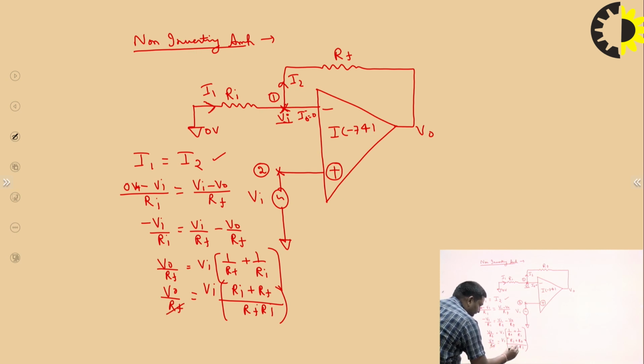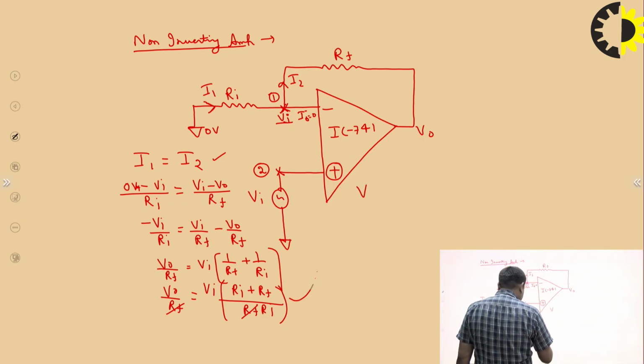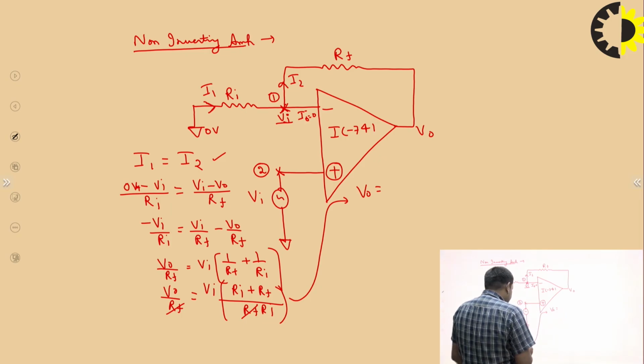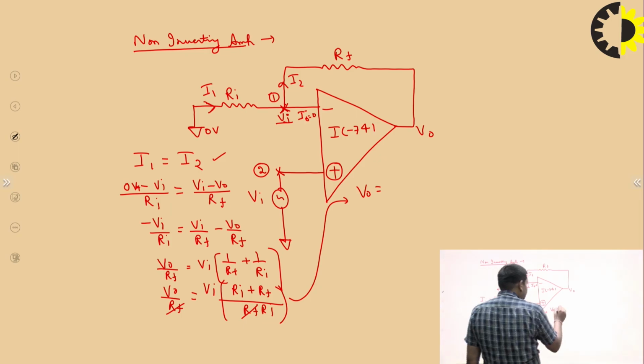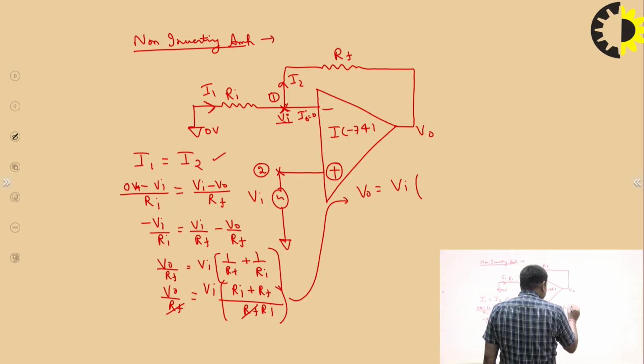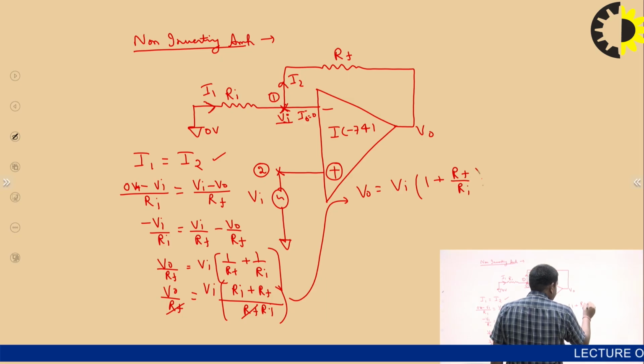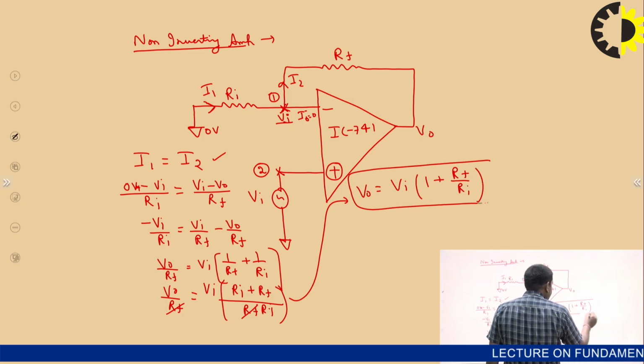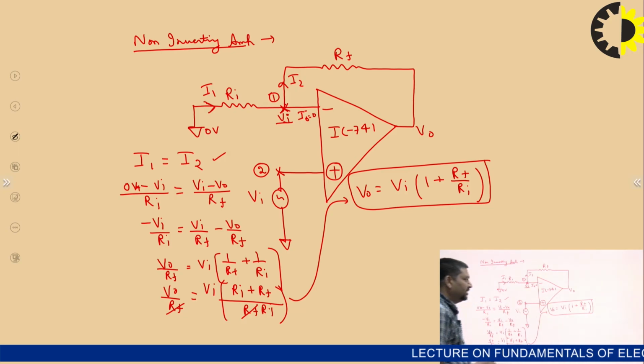So Rf and Rf cancel out. That means V naught is equal to Vi times 1 plus Rf upon Ri. So this is the output voltage in terms of Rf, Ri and the input voltage.